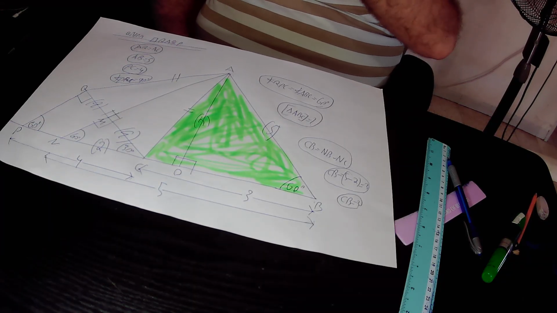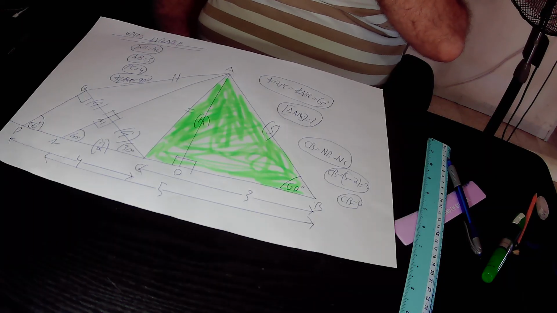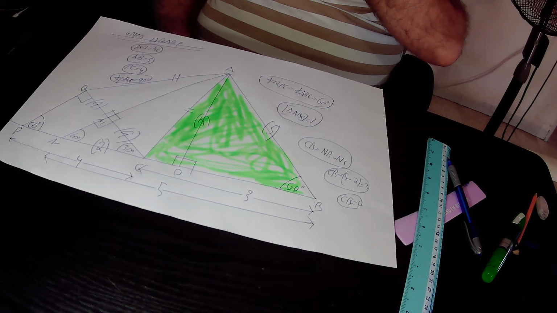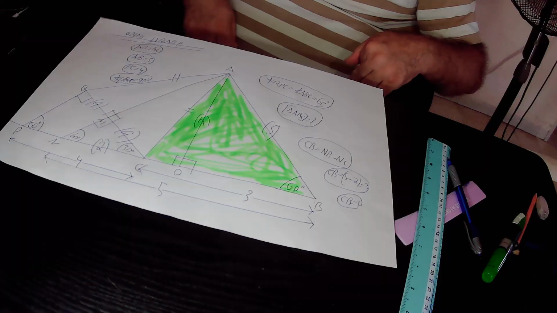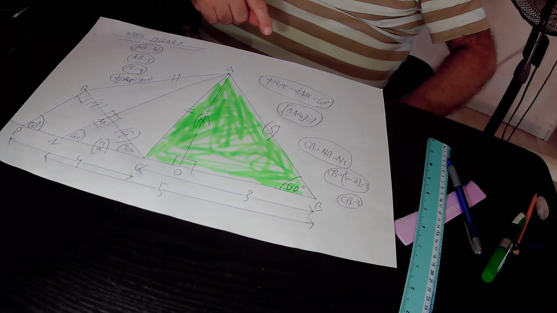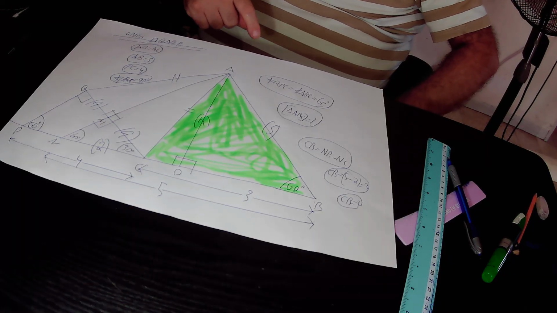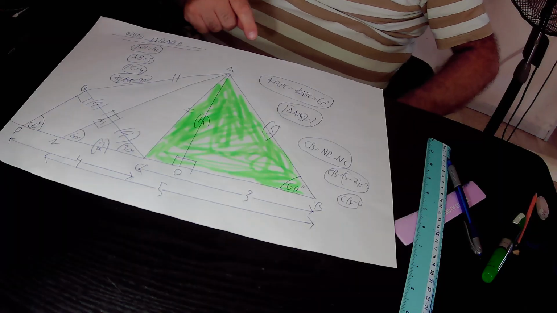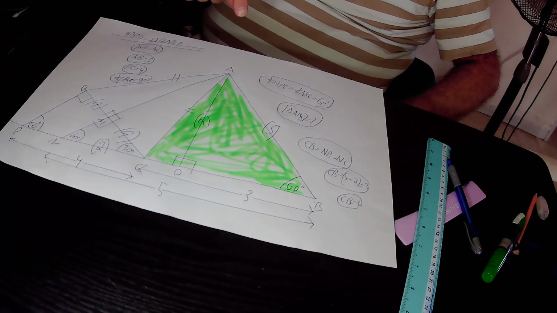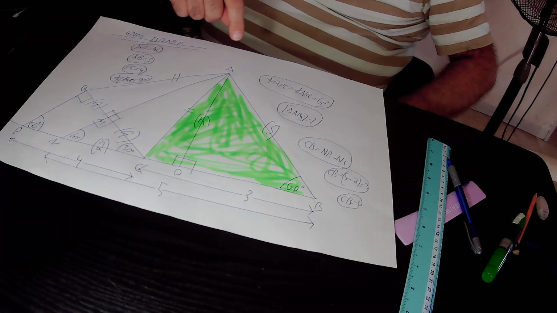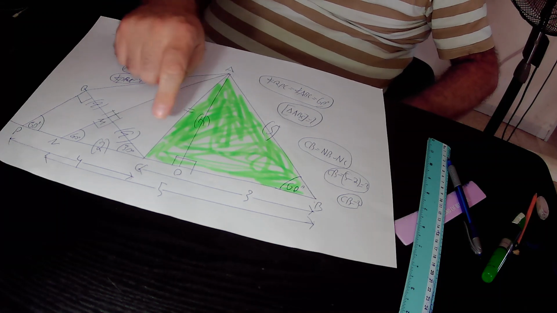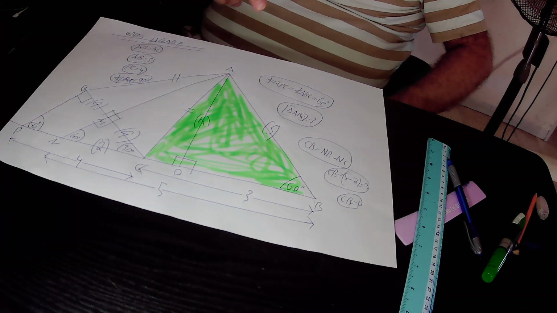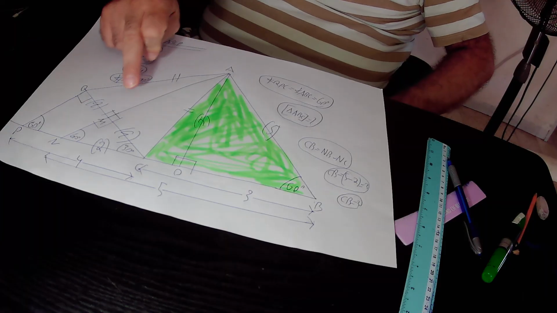So here we can implement rule 22. According to rule 22, the perpendicular to the base of an isosceles triangle bisects the base. Triangle AQC is an isosceles triangle, and QC is the base. From the vertex A, we draw the perpendicular AM.